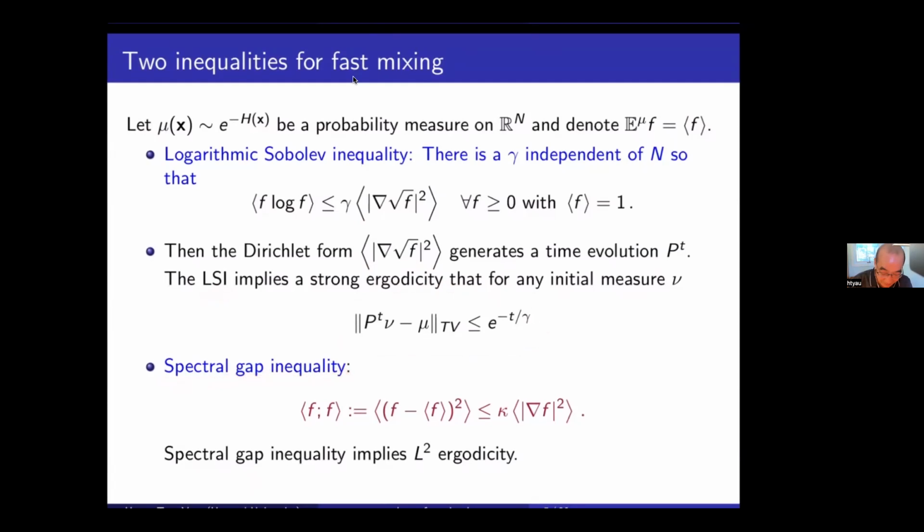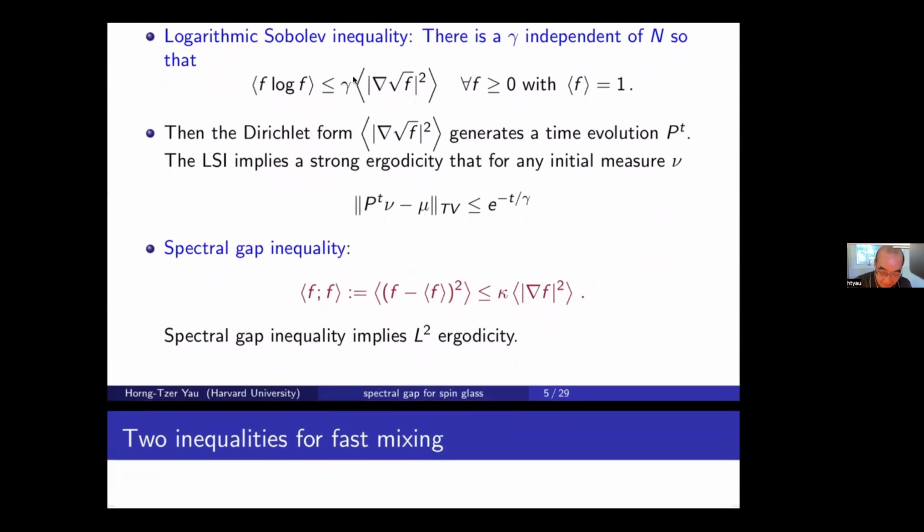For the spectral gap, you take the covariance of f, meaning f minus its expectation, and this is bounded by the gradient of f squared with some positive constant kappa. Then you say the spectral gap inequality holds. Once it holds with this kappa of order 1, this implies the L2 ergodicity. All this is well known, and the spectral gap is weaker than log-Sobolev.